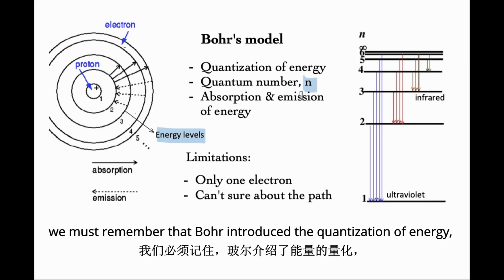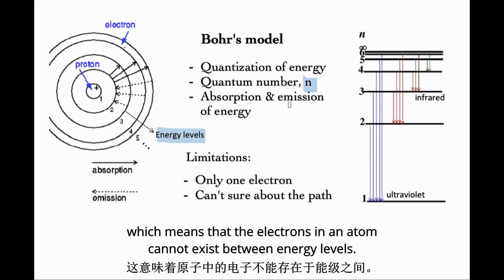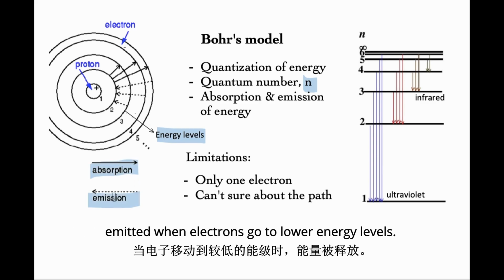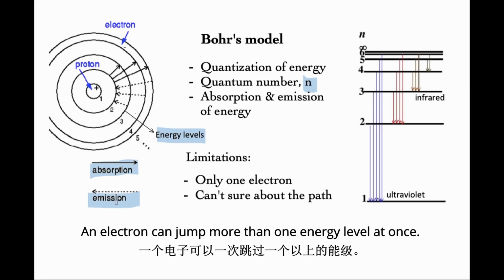We must remember that Bohr introduced the quantization of energy, which means that electrons in an atom cannot exist between energy levels. Energy is absorbed when electrons move to a higher energy level, and emitted when electrons go to lower energy levels. An electron can jump more than one energy level at once.